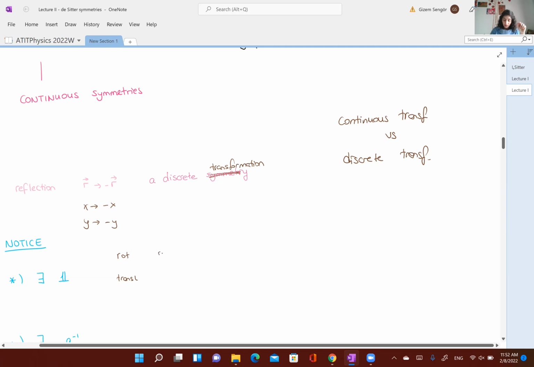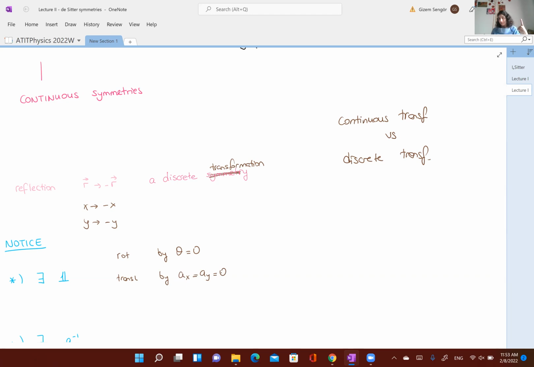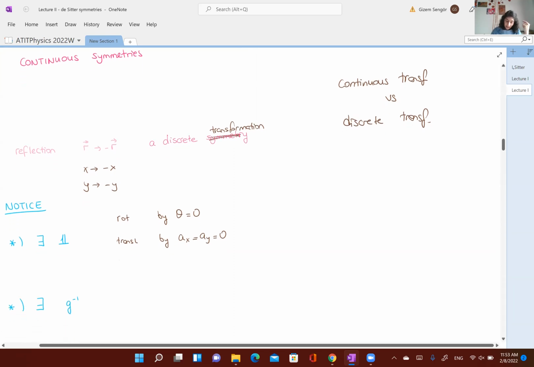So you can rotate by 0 angles, 0 degrees, and you can translate by 0 amounts. This does nothing. So you can always find the unit transformation. And then there are also inverse transformations.